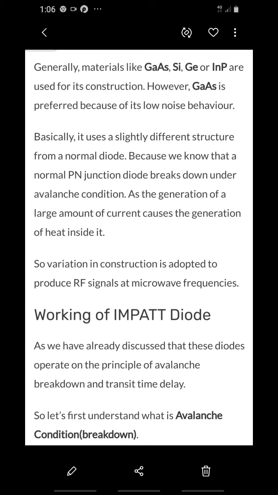So the variation in construction is adapted to produce RF signals at microwave frequencies.